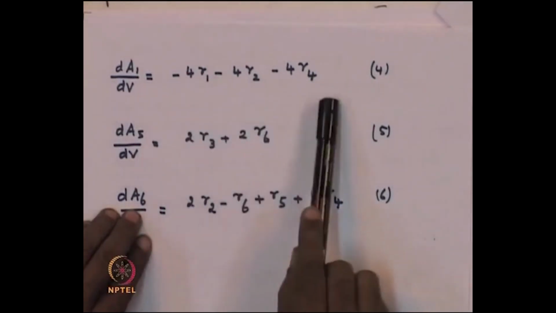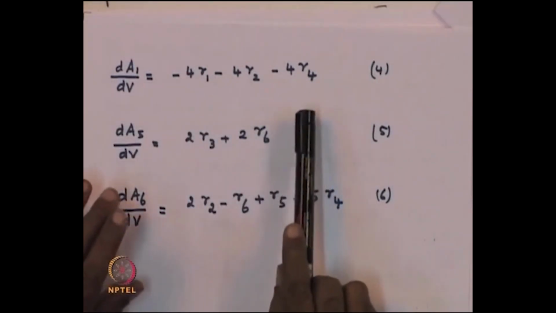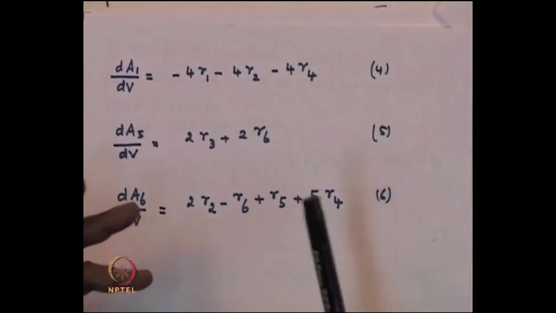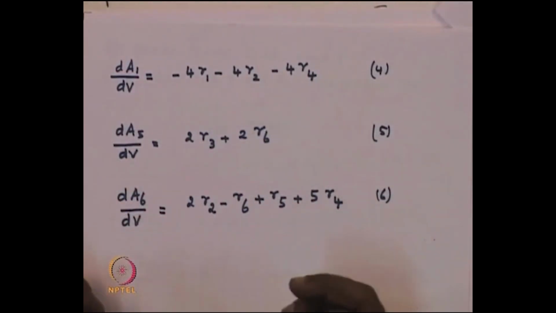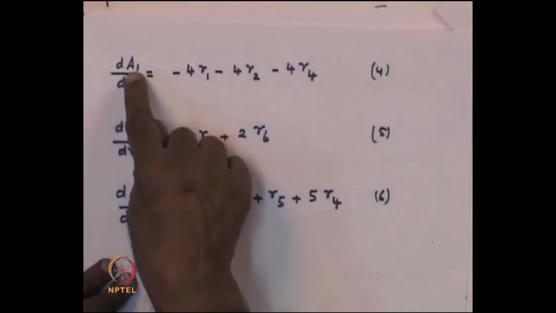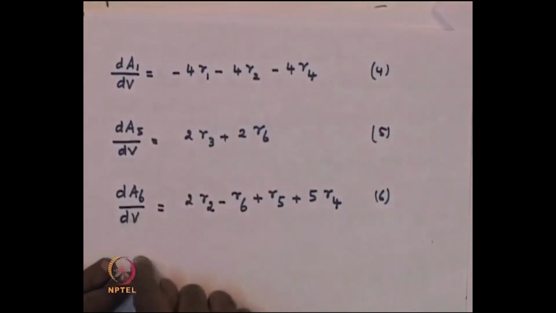These are rate functions R1, R2, R3, R4, R5, R6. We know that the rate functions depend upon concentrations. We know how to express concentration in terms of conversion, in this case, in terms of x1 to xr. So, the right hand side we know how to express in terms of x1 to xr. The left hand side also we know how to express in terms of x1 to xr.